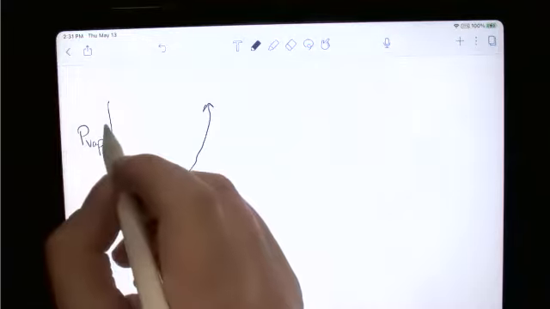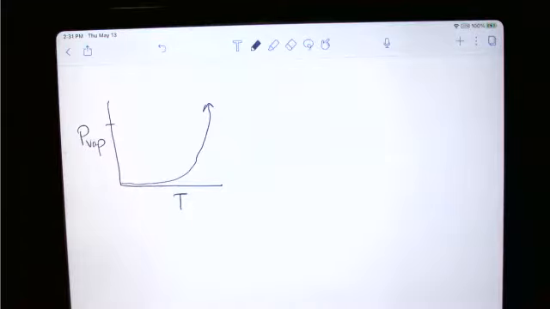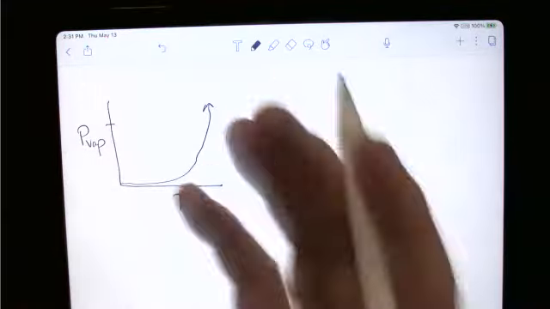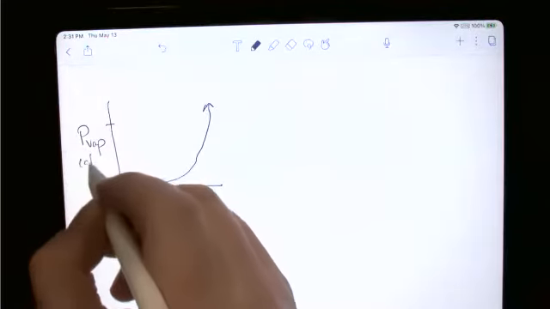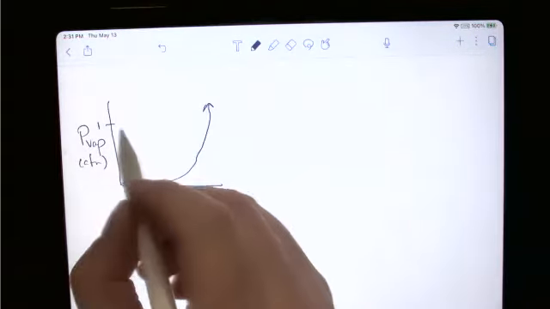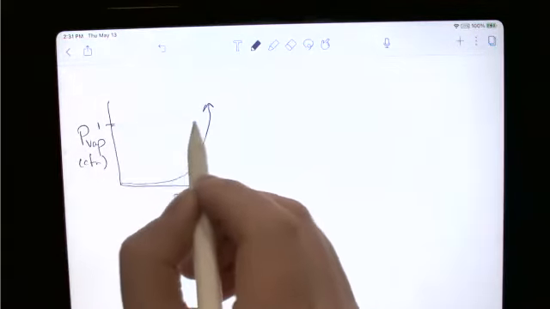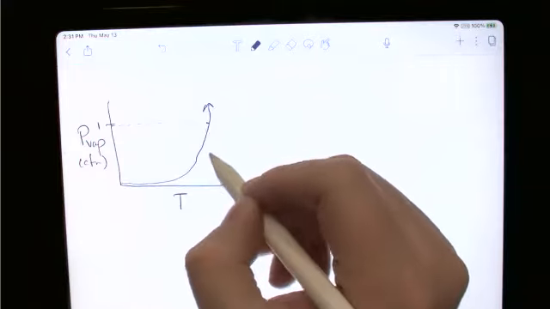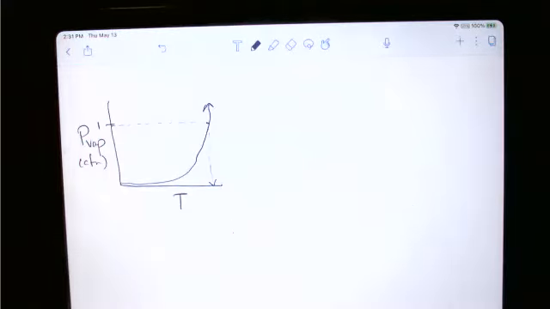If you went to the y-axis and you picked standard pressure, let's suppose this was in atmospheres. If you picked one atmosphere and you went right across to the curve and straight down, what would that number be if this was water? The normal boiling point.